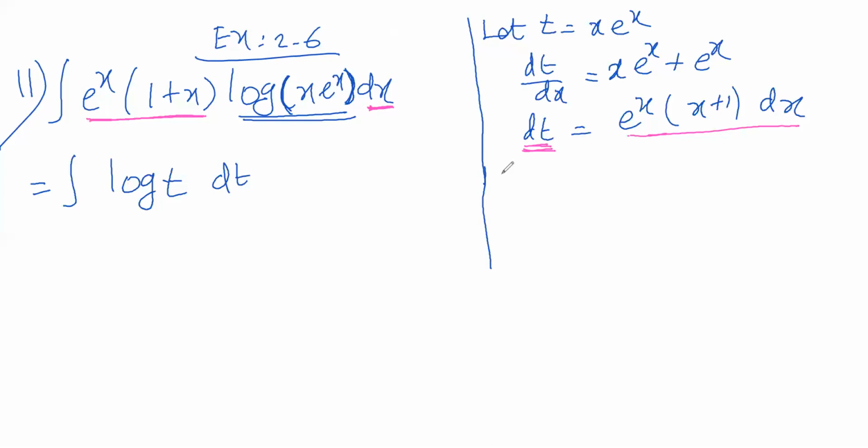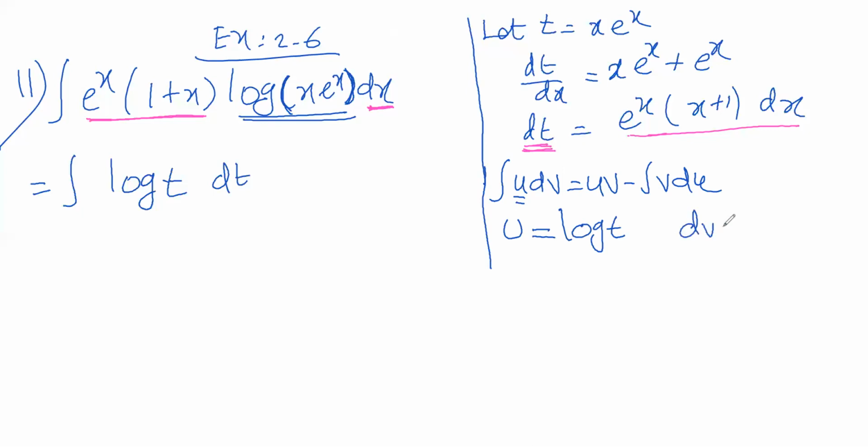The integration by parts formula: integral of u dv is equal to uv minus integral v du. Here we take u is equal to log t, and the remaining part dt, so dv is dt. With respect to t, du by dt is equal to 1 by t, so du is equal to 1 by t into dt.